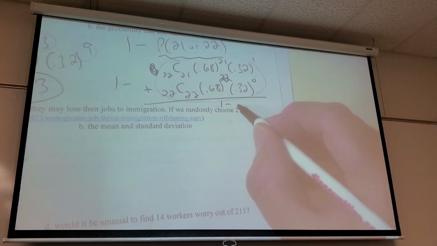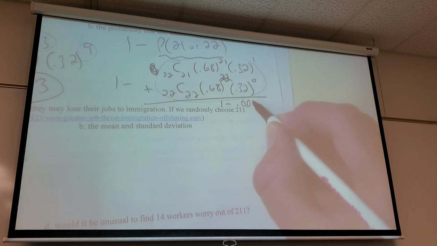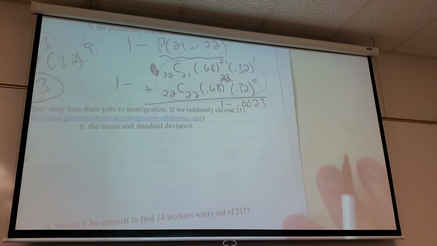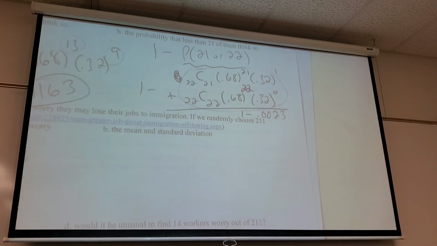Added together? 0.0023. Good. So if you do this plus this, you get 0.0023. That is the answer to the opposite question. So then I just do 1 minus that to answer the question. I only had to do 2 formulas instead of 20-something formulas.